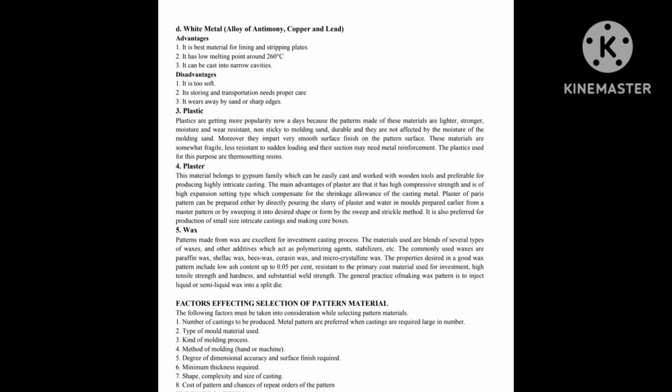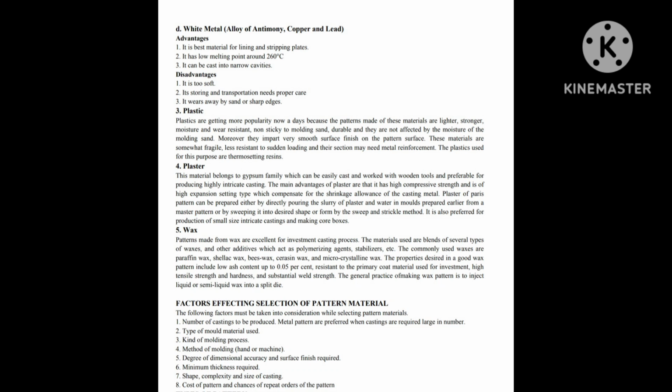Plaster of Paris patterns can be prepared either by directly pouring the slurry of plaster and water in molds prepared earlier from a master pattern, or by sweeping it into the desired shape or form by the sweep and strickle method. It is also preferred for production of small size, intricate castings and making core boxes.